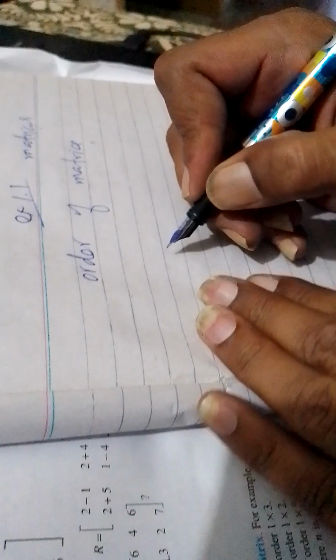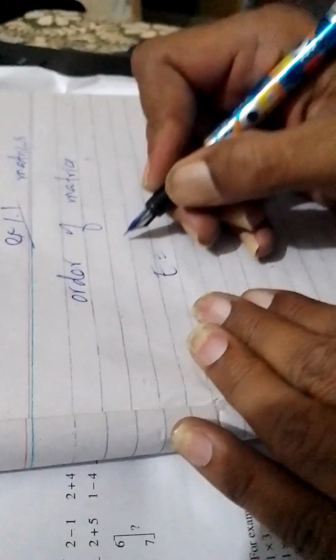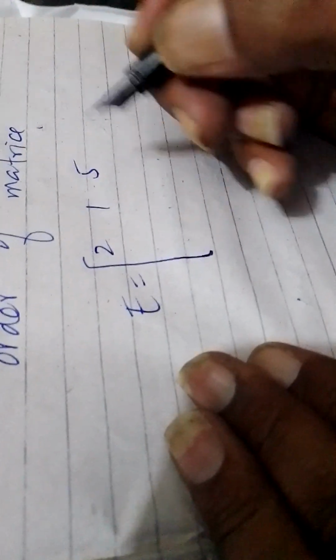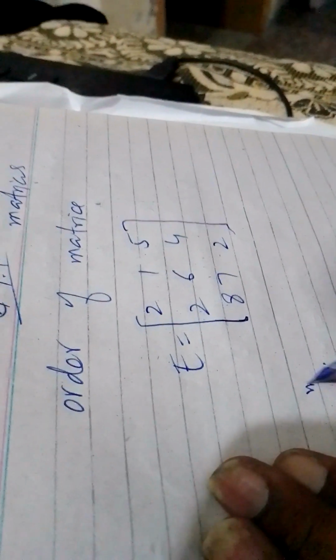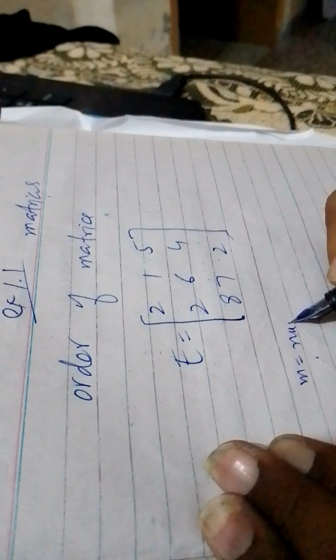Here matrix E equal to 2 1 5, 2 6 4, 8 7 2. Let M equal to number of rows.